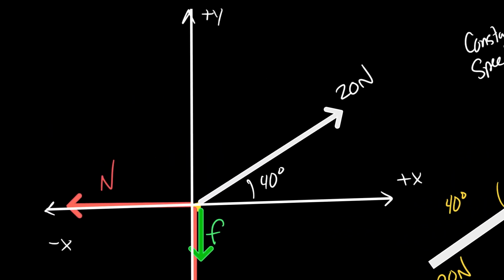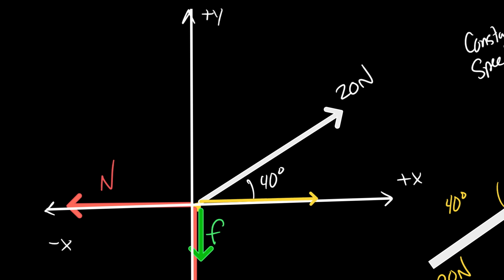Only one of my forces is off axis. Because of that, all I need to do is take that one force and break it up into components. Some of you, regardless of whether you've seen this once or 100 times, have trouble with this, but you're just finding a triangle that works. More importantly, that triangle needs to be aligned with your coordinate system, which means there has to be one component that is perfectly lined up with the x direction and is parallel to the x direction, and one component that is perfectly lined up with the y direction and is parallel to the y direction.